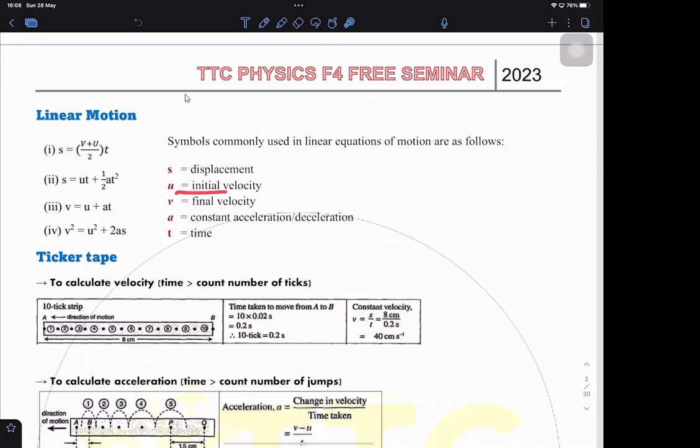U is the starting velocity, or initial velocity. V is the ending velocity, or the final velocity after everything happened. A is the acceleration or deceleration, meaning you speed up or slow down or not. And T is the time taken for the whole incident to happen.